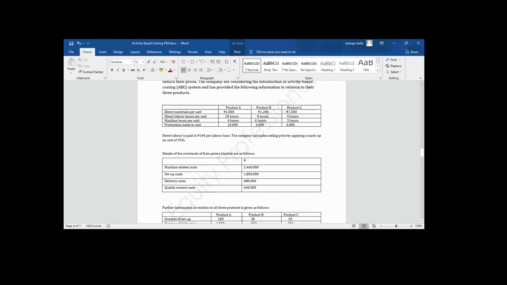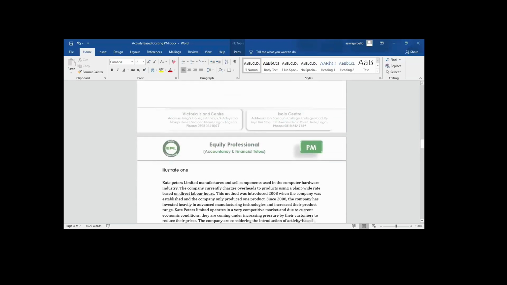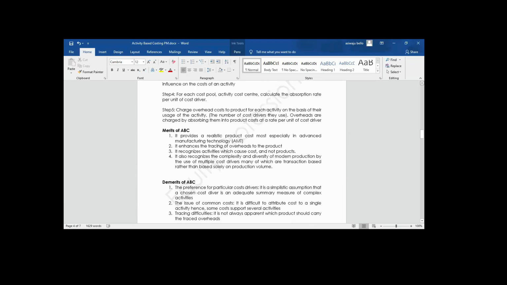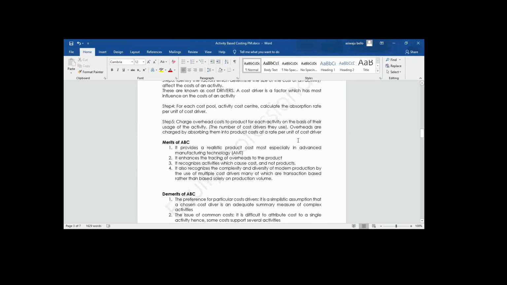You can pick any 3 from here, without wasting time. Why should Kate Peters implement activity-based costing? 1, because it provides the company with a realistic product cost.